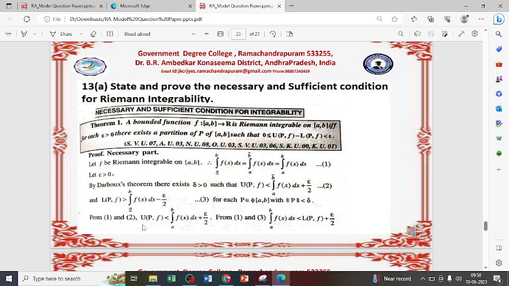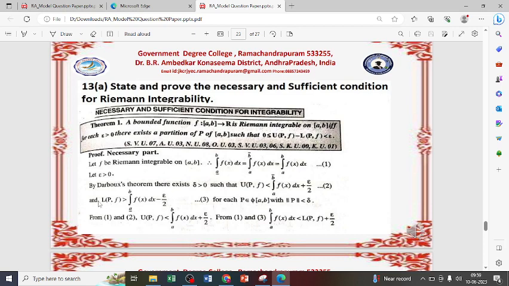Now from 1 and 2, what is going to happen? We see that U(P,f) is smaller than upper integral plus epsilon by 2, and because this upper integral is the same as the integral, we can replace: U(P,f) is smaller than the integral of the function plus epsilon by 2. Now again from 1 and 3, we see that L(P,f) is greater than lower integral minus epsilon by 2.